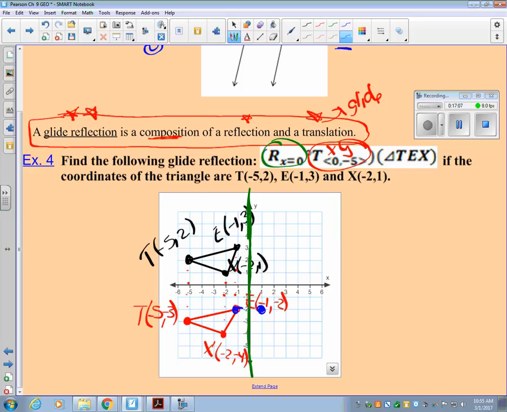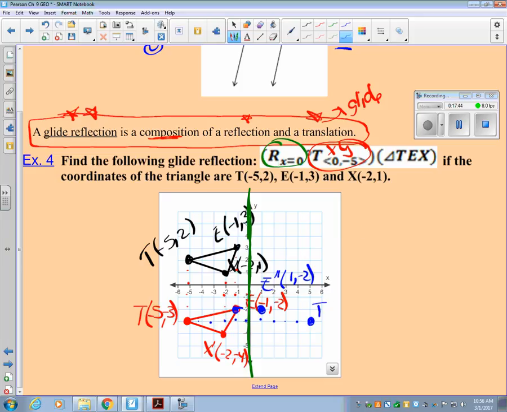So my E double prime, because I put a prime and then a second prime to show that we've done 2 transformations, a composition of transformations, is going to be at 1, -2. In this case, the Y stays the same, and the sign for the X gets changed. So this is 5 away from the axis.